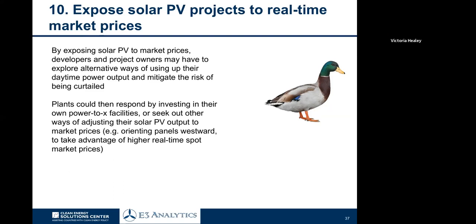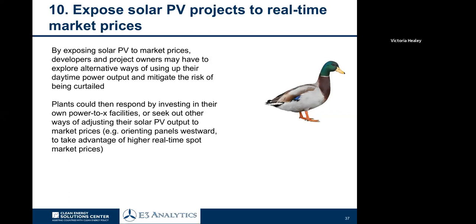Another one is to expose solar PV to real-time market prices. Often solar PV projects have PPAs, or power purchase agreements, or guaranteed feed-in tariffs, which basically create an incentive for them to produce at maximum output all the time and make them fairly time of day agnostic.